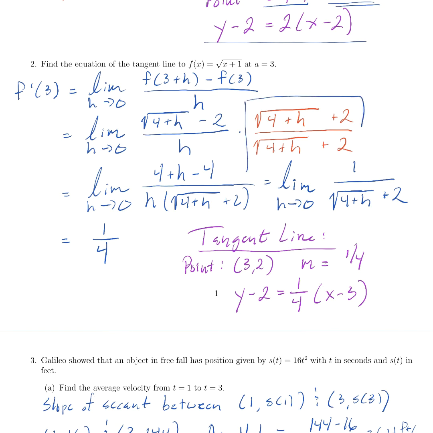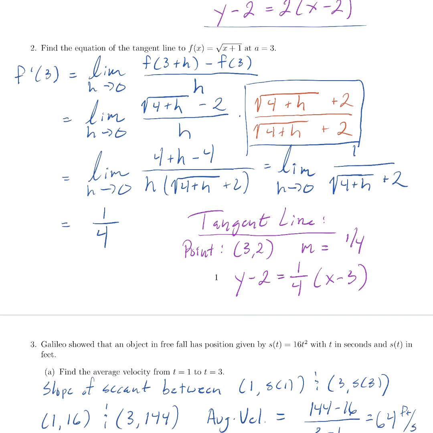So right here, multiply by 1 as the square root of 4 plus h plus 2 over the square root of 4 plus h plus 2. And after we do that multiplication and we simplify, we are left with this limit over here, the limit as h approaches 0 of 1 over the square root of 4 plus h plus 2.